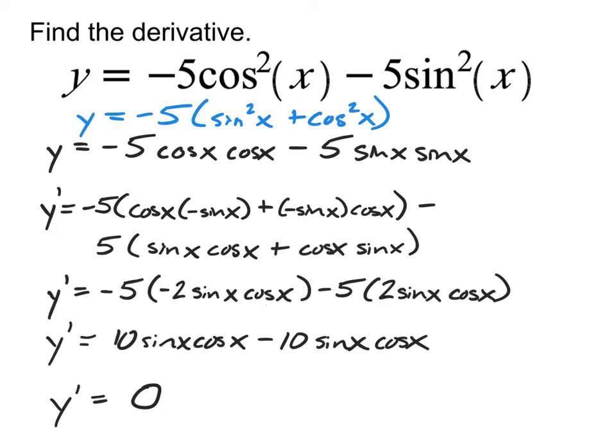Well, sine squared plus cosine squared equals 1. And so really this original function was actually just a big fancy way to write y equals -5. And the derivative of -5 is 0. You could have done it either way.